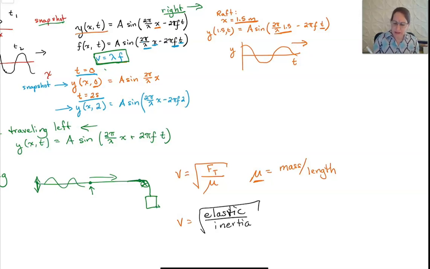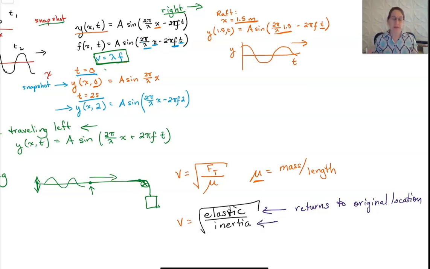What this means is that the elasticity is really a measure of how quickly it returns to its original location, sort of how springy it is and how quickly it comes back. And the inertia, how heavy something is, is a measure of how hard it is to get something to change its speed. You can think of this as reluctance to change speed.